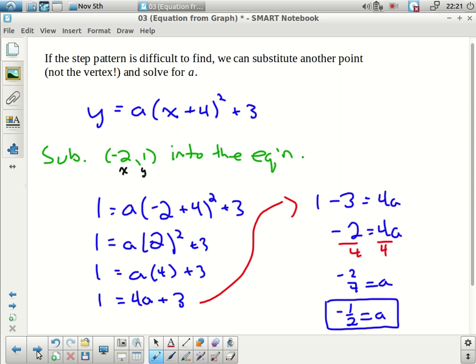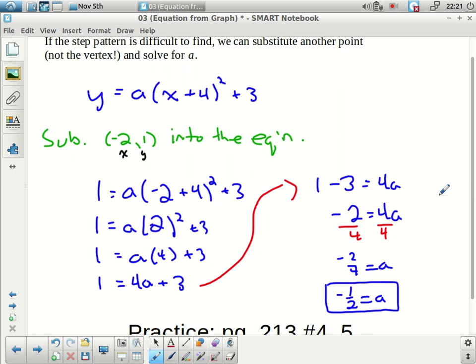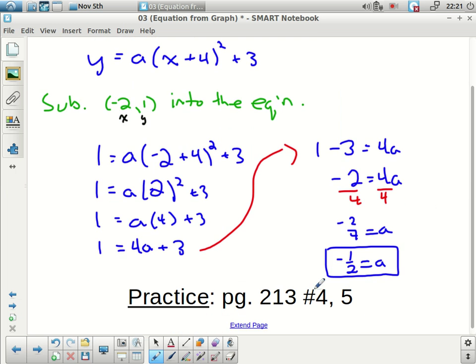So one of two things you can do here, as you already have on this little handout: page 213 in your textbook, number 4 and 5, will allow you to continue practicing this technique, making sure you can get the equation from the graph and vice versa. This is probably the really important skill in terms of the graphing, working with the vertex form and being able to make the equation from the graph. So you can work on this.